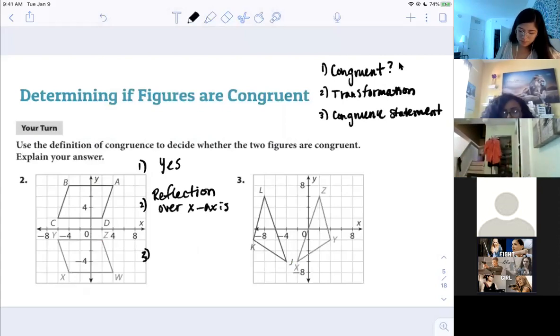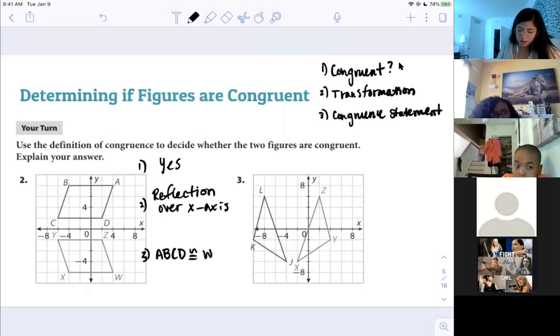This is a quadrilateral, or a parallelogram. We'll go over all the different types of shapes, but this one would be called a parallelogram. So parallelogram ABCD is congruent to parallelogram WYXZ. Careful. Look again.